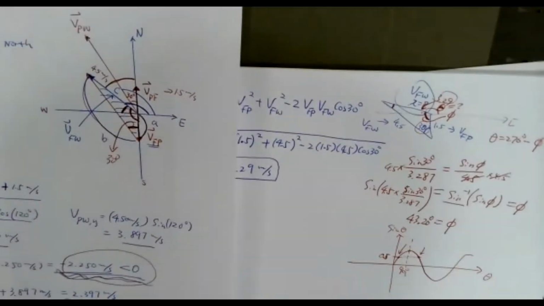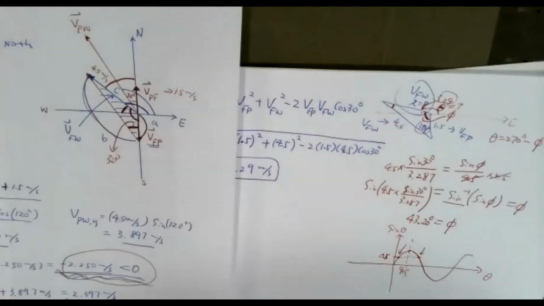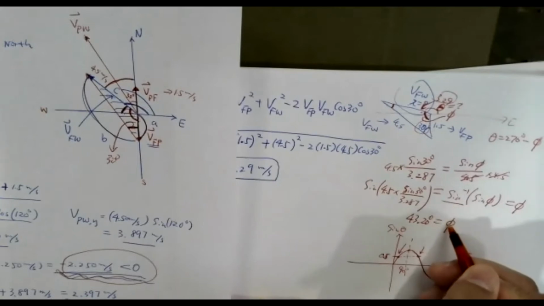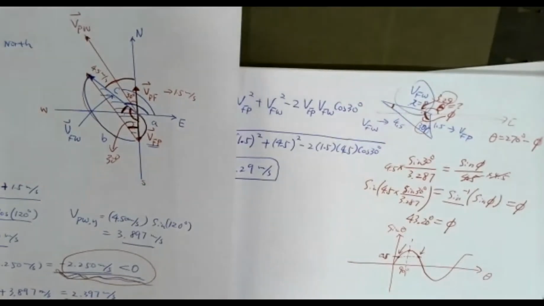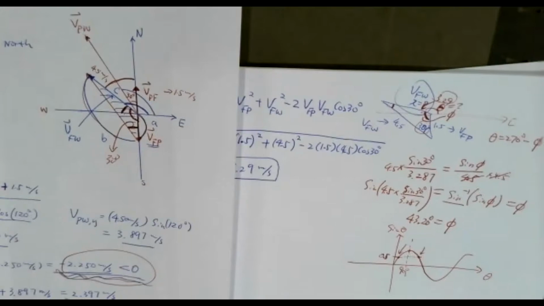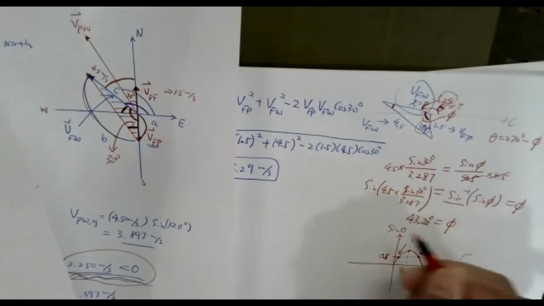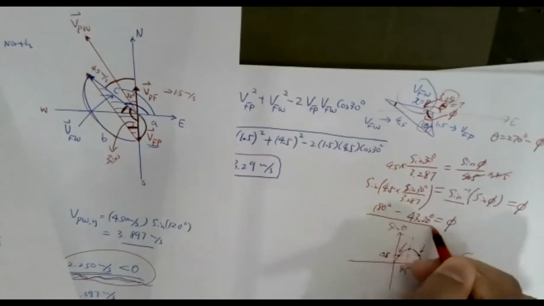So if your graph shows that your angle should be greater than 90 degrees, then the calculator will show this answer, but you should take the other one, okay? To get that one, you do 180 minus this value. So the correct answer will be 180 minus it.